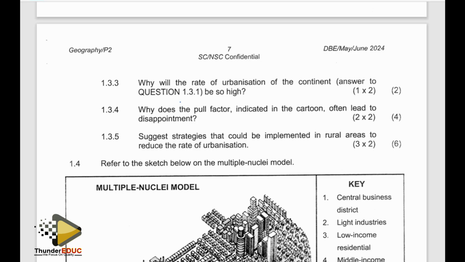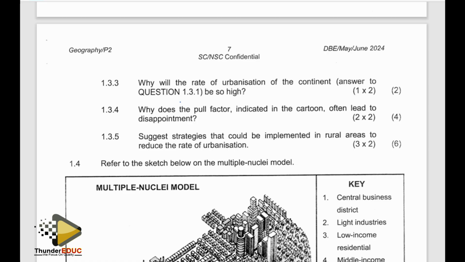Maybe it's education, they are going to cities to attend schools which are better, or maybe it's healthcare. If we offer such services to the rural areas, those people have no incentive of moving away from such rural areas, because all what they are going to get in the urban area is now available to them in the rural area. So we talk of infrastructure development and upgrading of existing infrastructure.